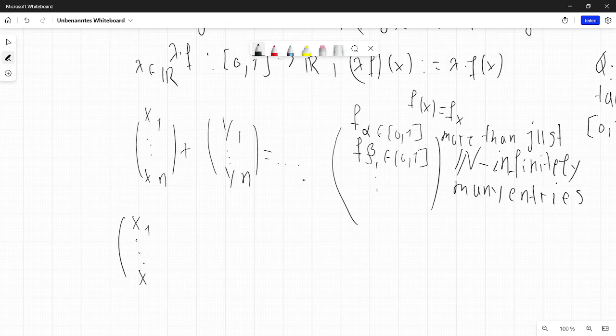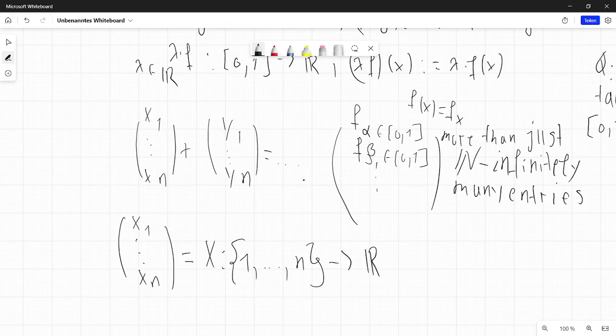The application of that thought the other way around: a vector is just a function x from, no 0, of course. We start our numeration by 1, right? And that goes to R.